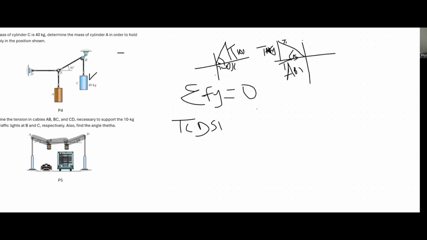In the y we use sine, in the x we use cosine.